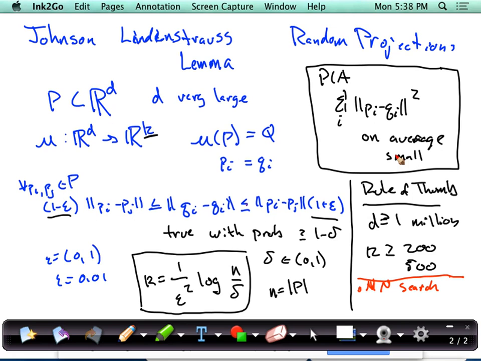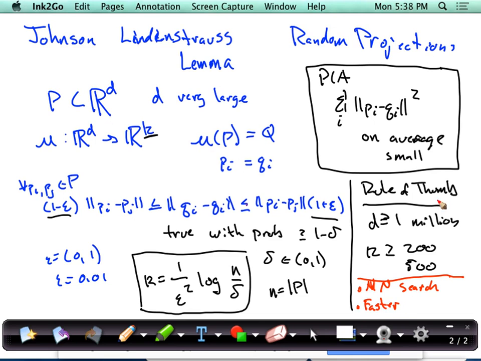So doing similarity search with PCA could do very poorly. If you remember the locality sensitive hashing we talked about, at its heart it's doing something very similar to this.